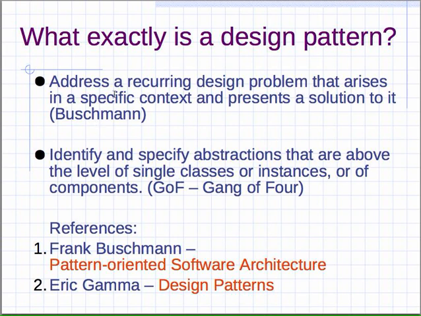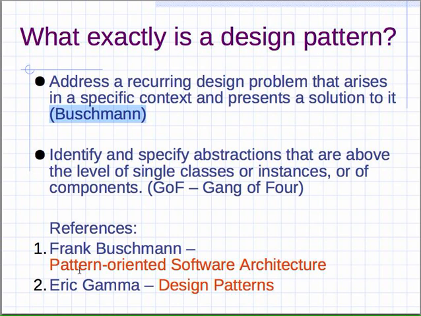So design patterns address a recurring design problem. You see a problem once, you see it again, and if you solve the first problem, chances are you can solve the second problem in a different context. A pattern arises in a specific context and presents a solution to these recurring design problems. This is by a person named Buschmann.